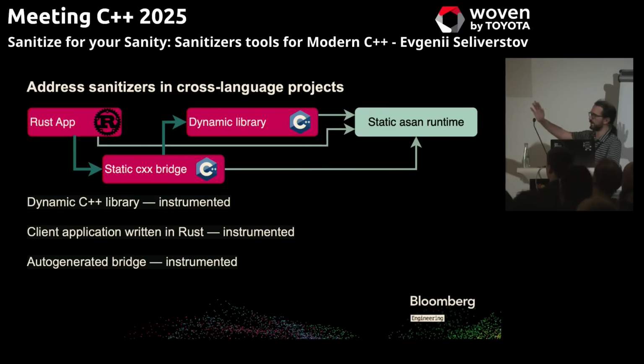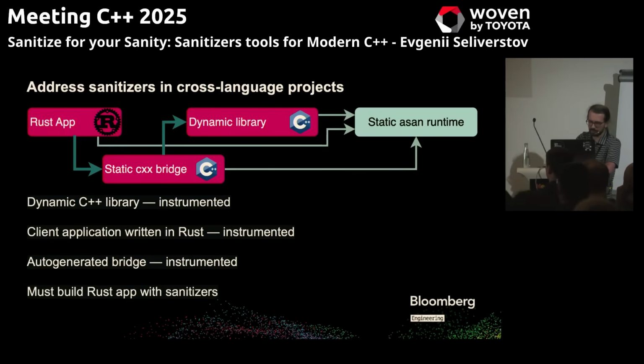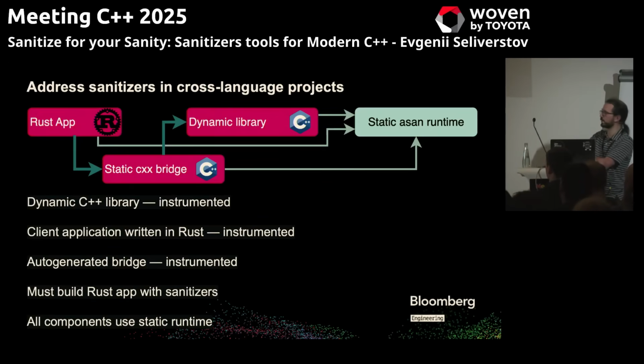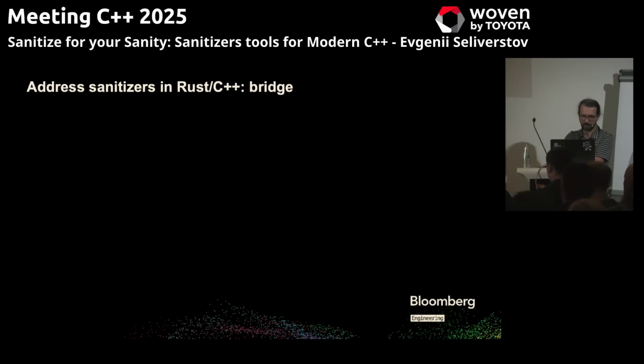If you don't use bindgen, if you use CXX, which is a really popular way of introducing dependencies in C++ from Rust, you need to generate a small bridge, a small program. So all of these parts are built with sanitizers, and all of them are using the static runtime. So it's quite different from the topic we discussed before. So it's not shared runtime. It's only static runtime, but it works.